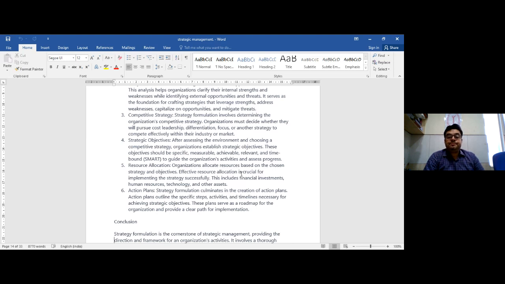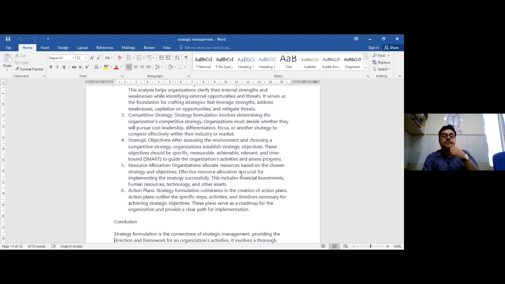Number 6, the action plan. Strategy formulation would culminate in the creation of action plans. The action plans would outline the specific steps, activities, and timelines that are necessary for achieving the strategic objectives.